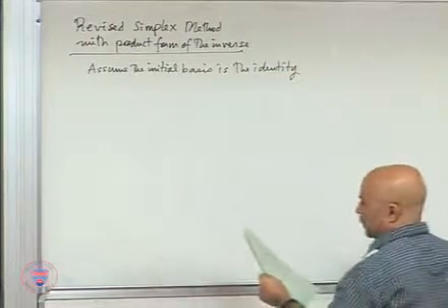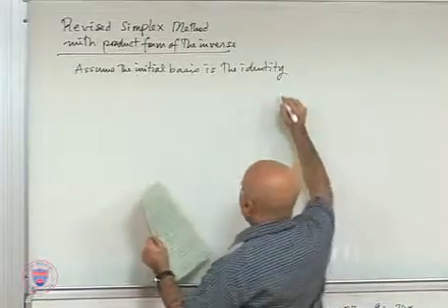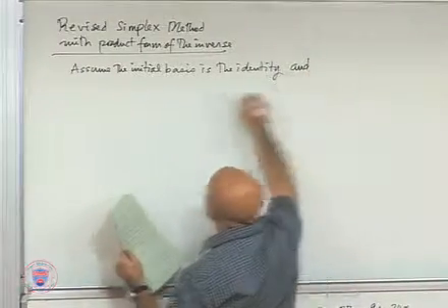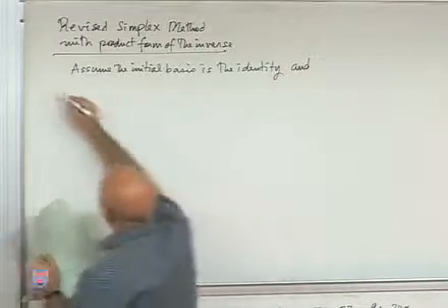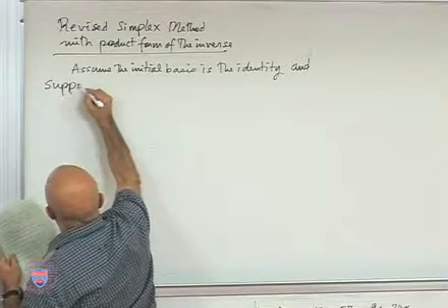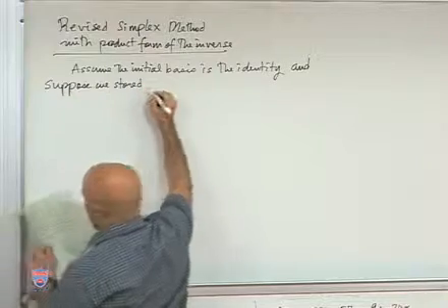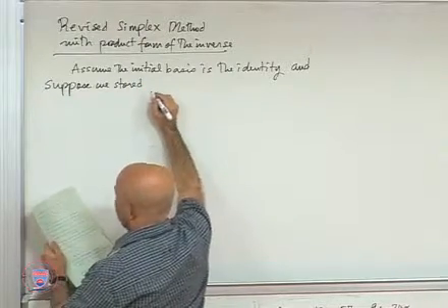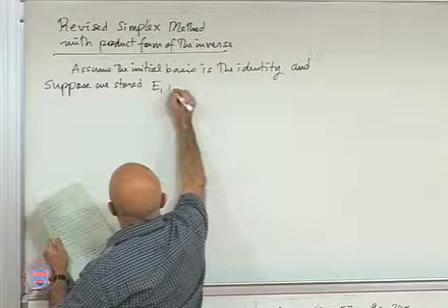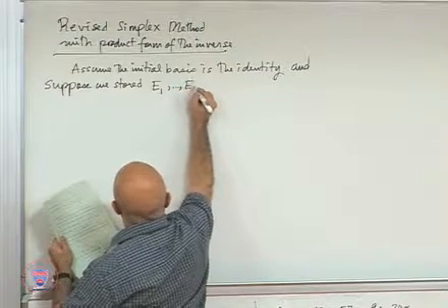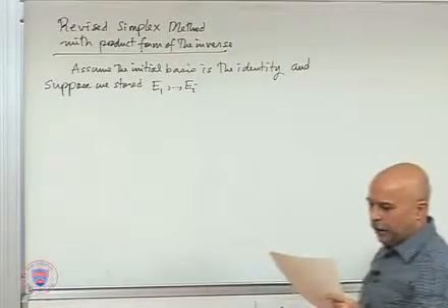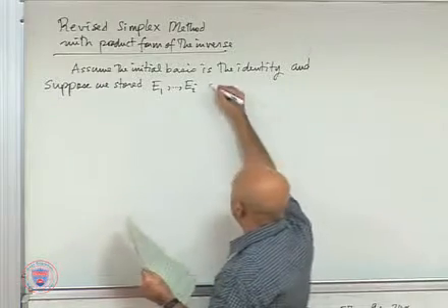So let's assume that the initial basis is the identity, and suppose we stored the elementary matrices E1 up to EI after the ith iteration.